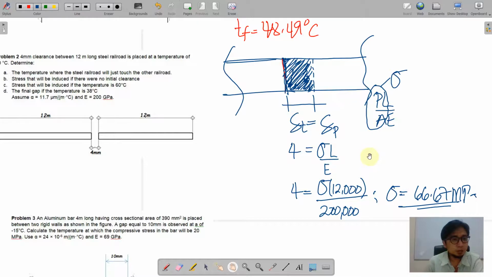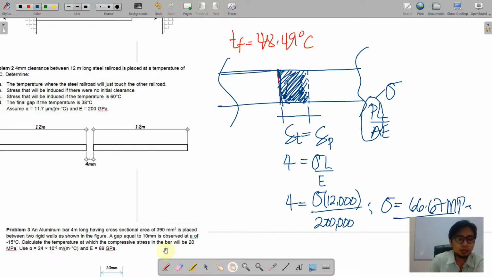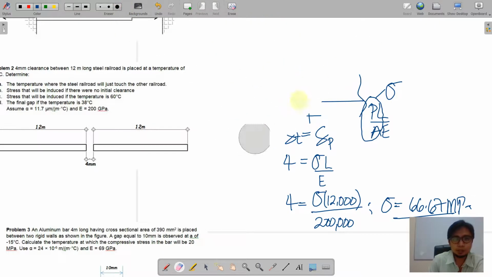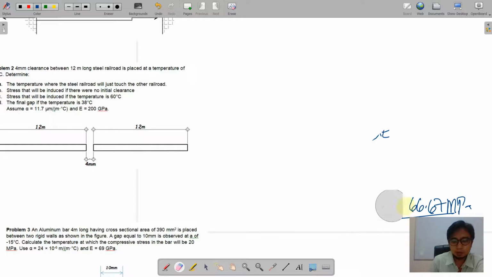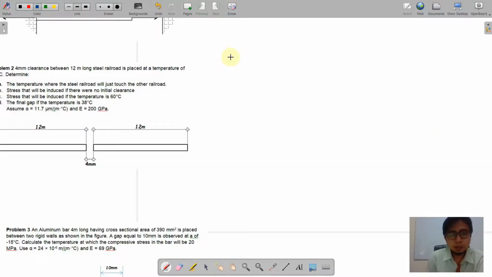Okay, so letter C, the stress that will be induced if the temperature is 60 degrees. So we have another case here. I'll just erase this portion. Again, let us establish our space. Okay.